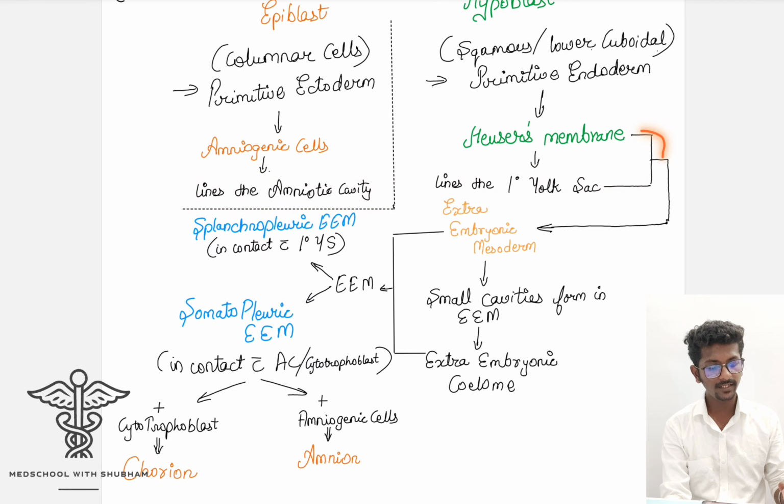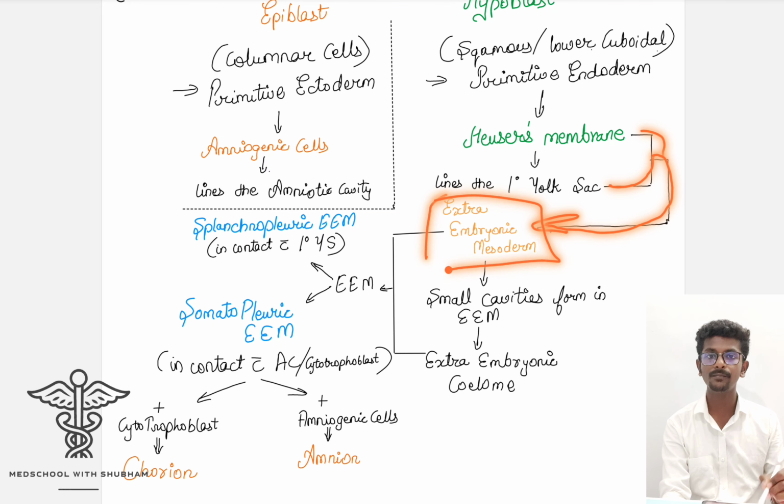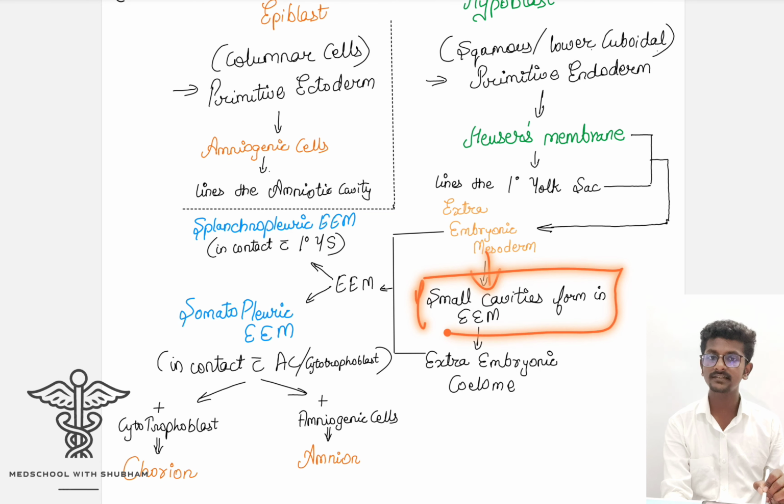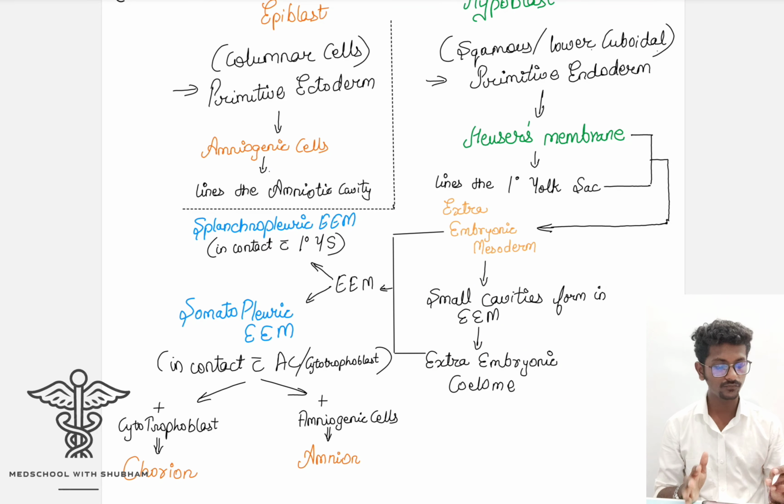Now the Heuser's membrane and the primary yolk sac will give rise to a new cell layer, which is called the extraembryonic mesoderm. Small cavities will start forming inside this extraembryonic mesoderm. All these cavities will now merge together to form a big coelome, and this coelome is called the extraembryonic coelome.